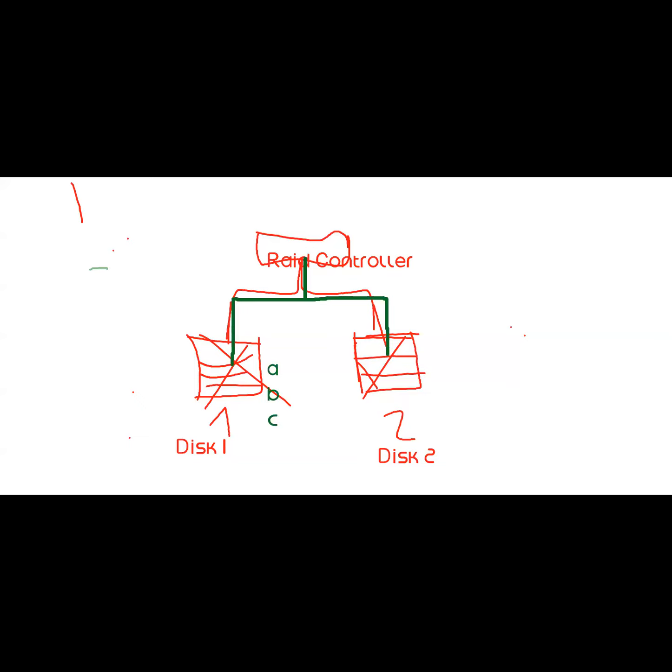So this is a very different implementation from striping. With striping, what happens is that instead of the data being written in identical copies on both drives, you have a piece of the data, like a part of it, implemented on one drive and the other half kept on the other drive.